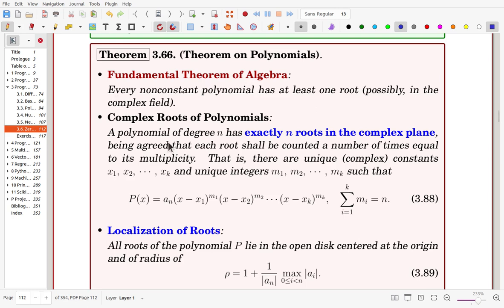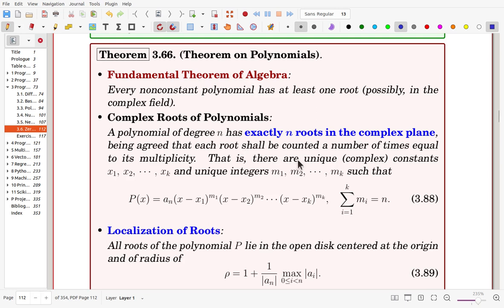Here, this is a consequence of the theorem. A polynomial of degree n has exactly n roots in the complex plane when we count the roots with multiplicity.